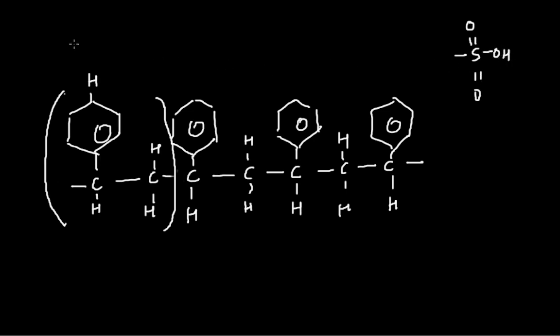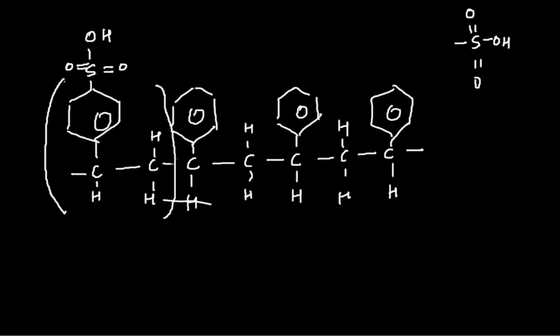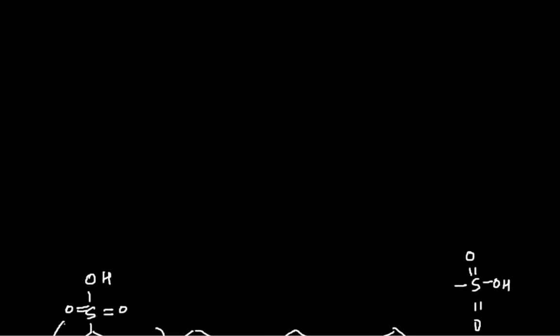This is your sulfonic group. This hydrogen in all of these monomers is replaced by the sulfonic group. So this is your styrene, this is your polystyrene, this is your sulfonated polystyrene.